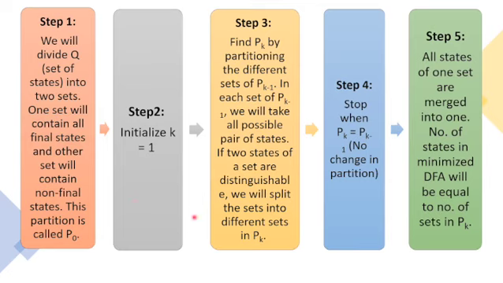Basically what we do is we have two sets, in which one has the final states and one has the non-final states. In non-final states, we also consider the initial state, which is represented by this symbol, and the final state has been represented by this.